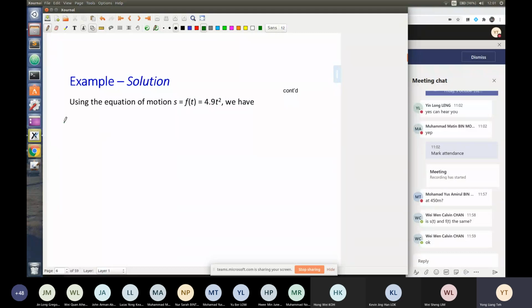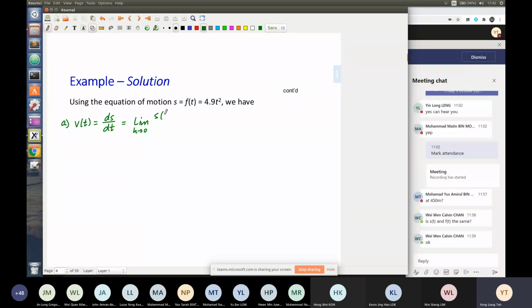We have V of t equivalent to ds dt, the derivative. This is equivalent to the limit as h goes to 0 of s of t plus h minus s of t, divided by h. I'll use s directly, no need to use f of t.